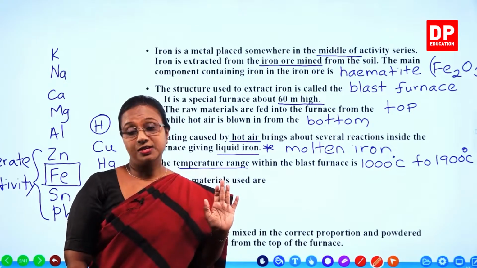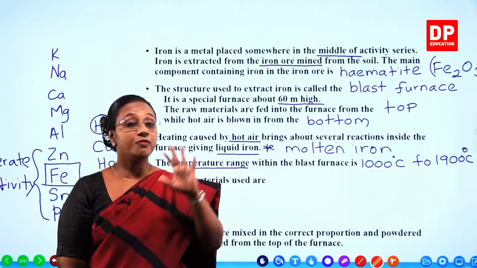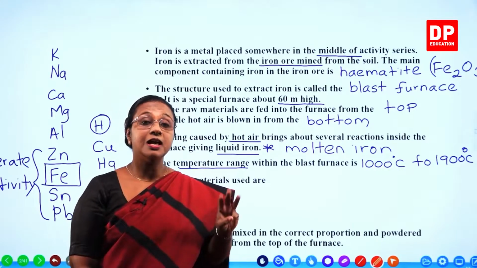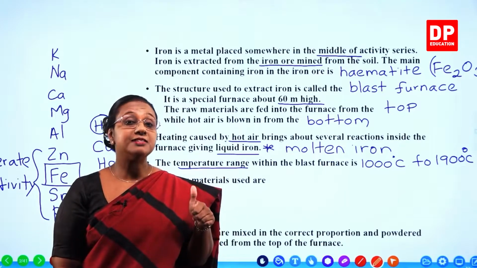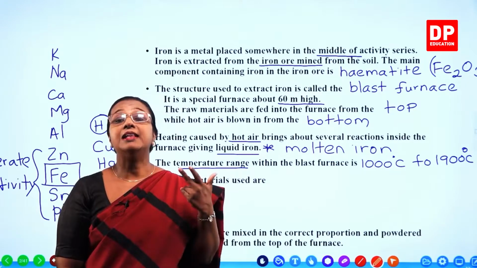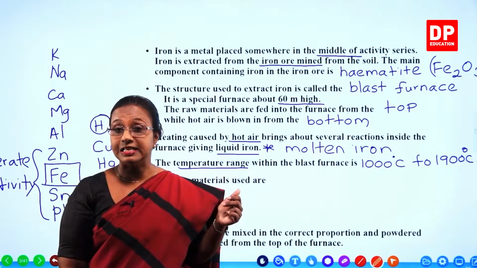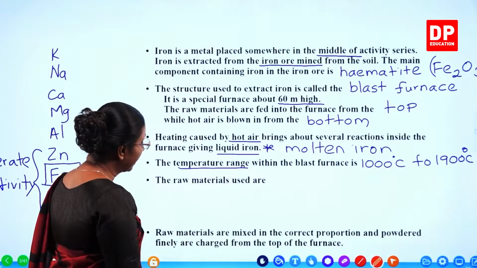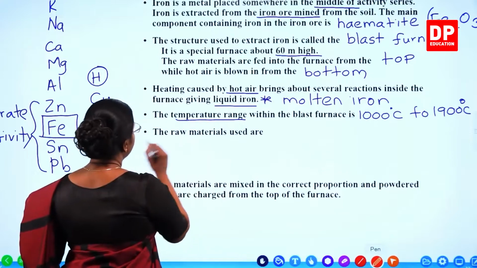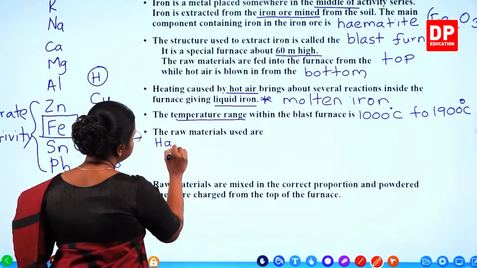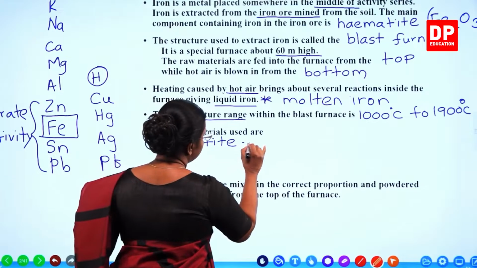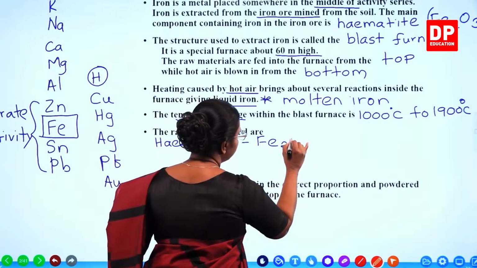So into this blast furnace, we introduce or we feed raw materials. I told you all the three raw materials. What are they? Hematite, that is Fe2O3. Then there is coke, that is carbon. And there is limestone, that is calcium carbonate. So the raw materials used, if we write them down, are hematite, that is Fe2O3.